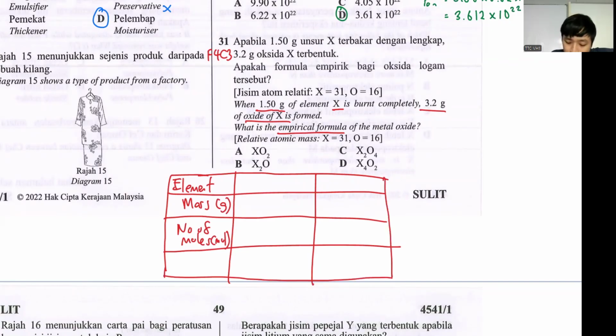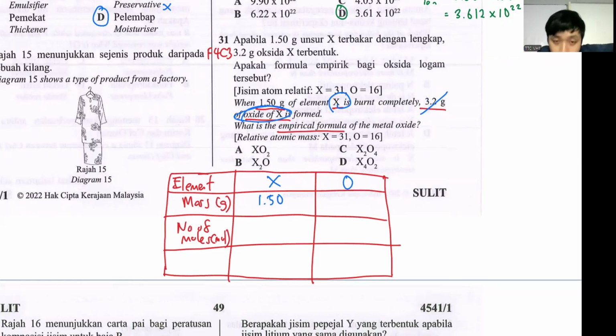So X and O. Obviously, you can see it's X and O, since oxide of X means O. X is 1.50 gram. O is not 3.2 grams. 3.2 grams is the total of X and O. So use 3.2 minus 1.50, and then I will get 1.7 gram.